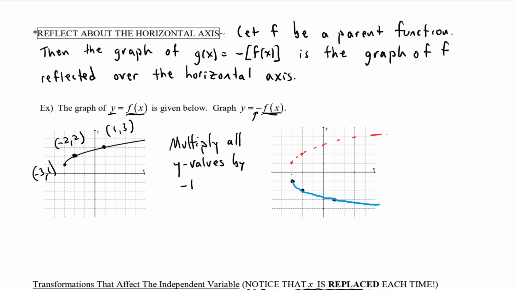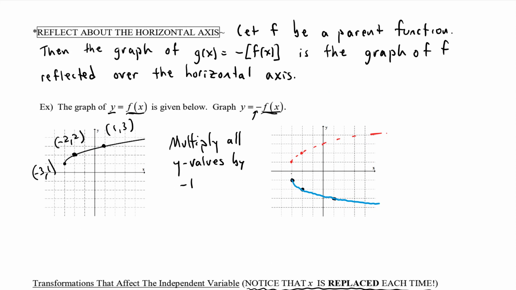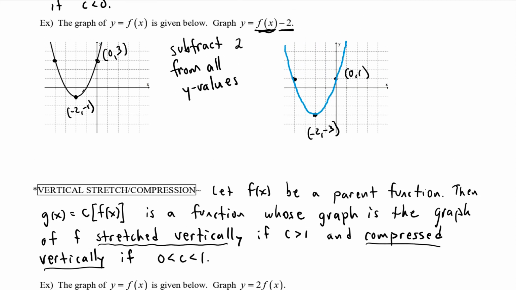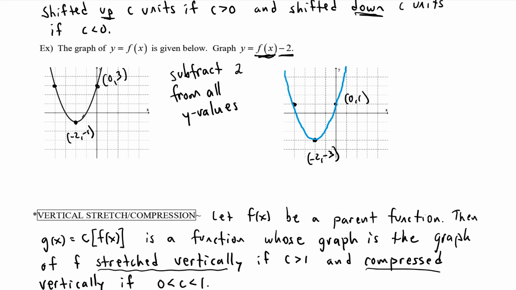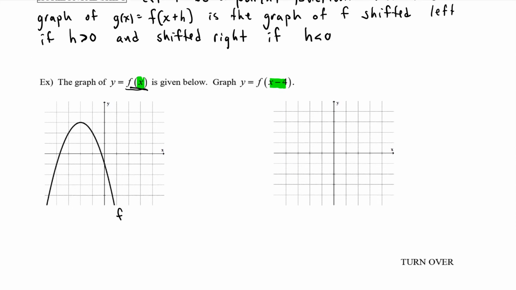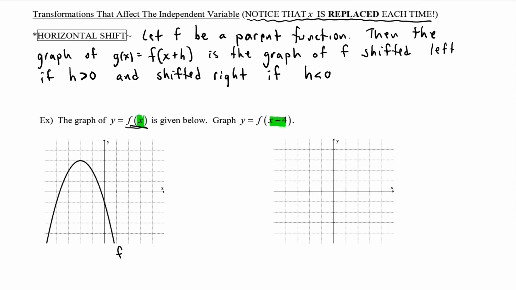If you go back and look, y was just f of x. So I had f of x times negative 1, or f of x times 2, or f of x minus 2. So f of x still showed up in our new function. But for a horizontal shift, and as you'll see, the remaining ones, f of x doesn't show up. It's f of something else, in this case, x minus 4.